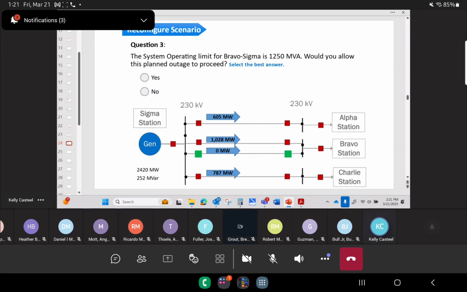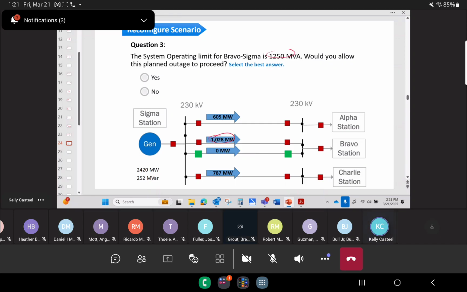One, you're not going to see this question on the NERC exam. Two, from a reliability standpoint, yes, unless we have to take into account reactive power flow, and in that case, we're not given enough detail to tell for sure how much reactive we would have on each individual line without doing a bunch of calculations. So for this one, I would say strictly from a NERC standpoint, sure.